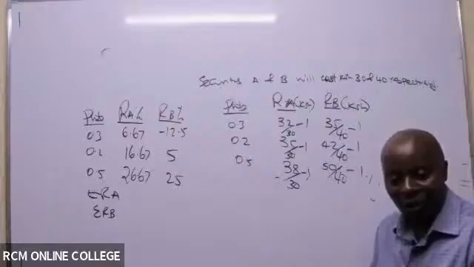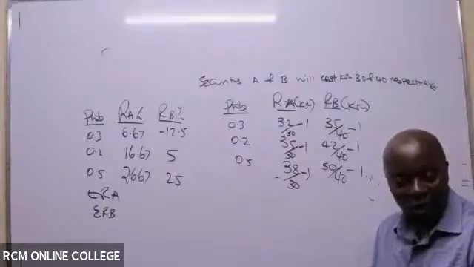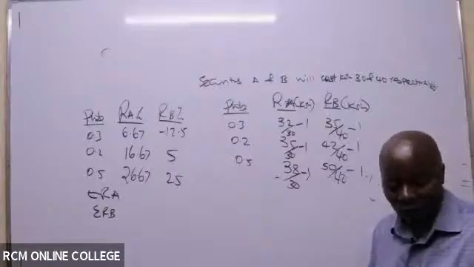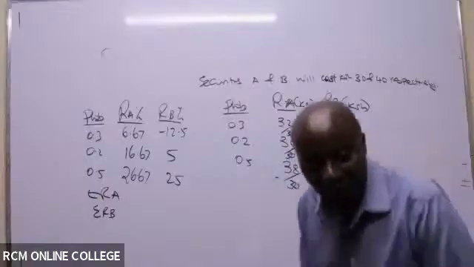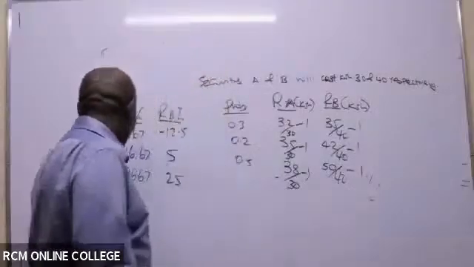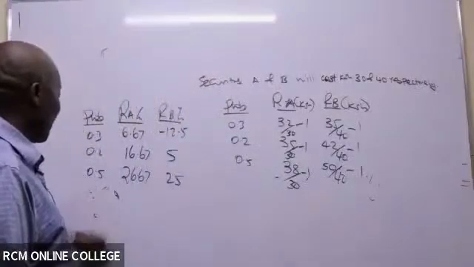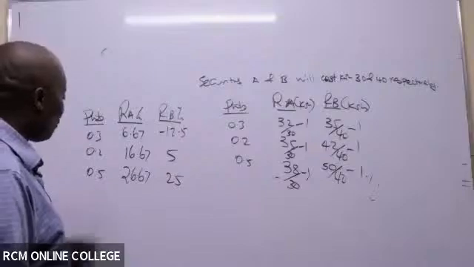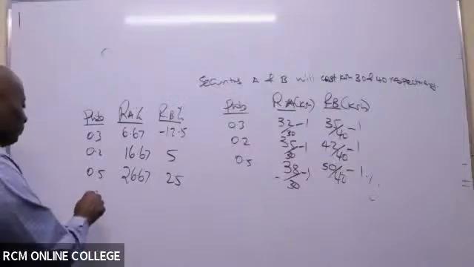Someone asks me to try the correlation coefficient. Thank you very much. So if you want me to try correlation coefficient, then first of all, I'll give you guys the covariance. So for me to give you the covariance, you have to give me these expected returns. There is no other way.